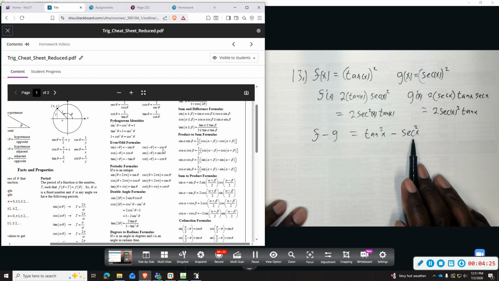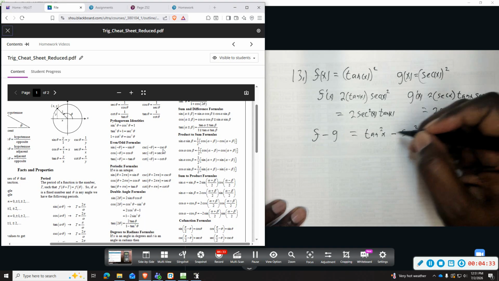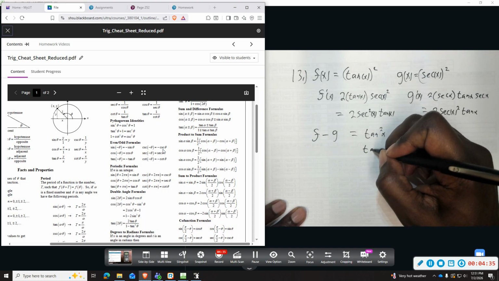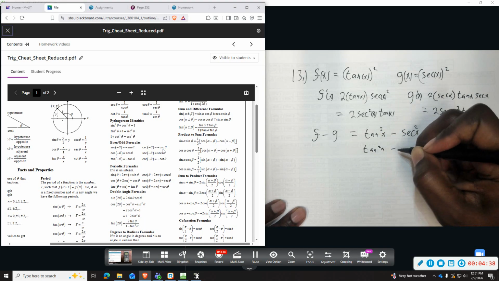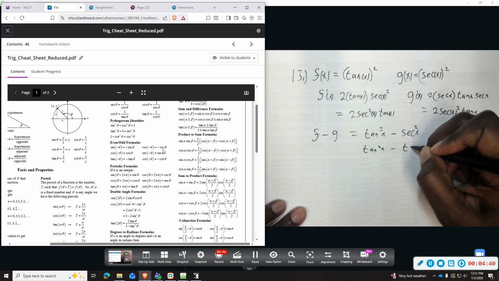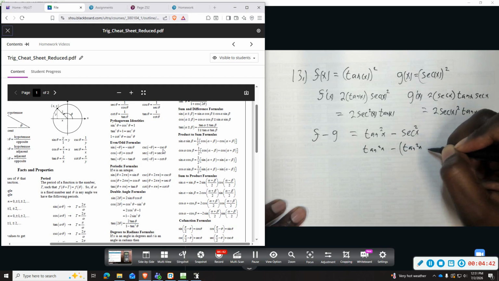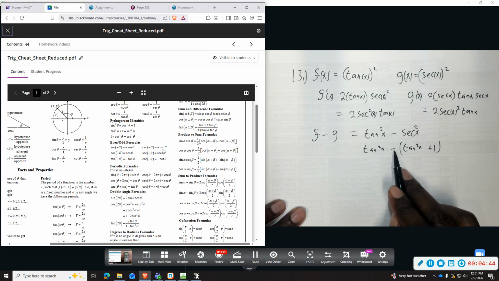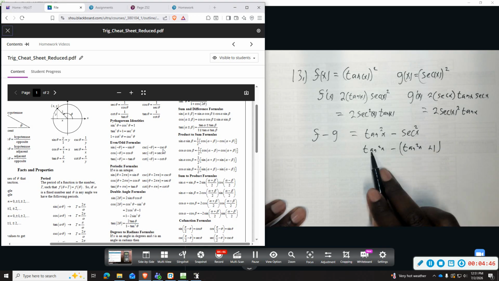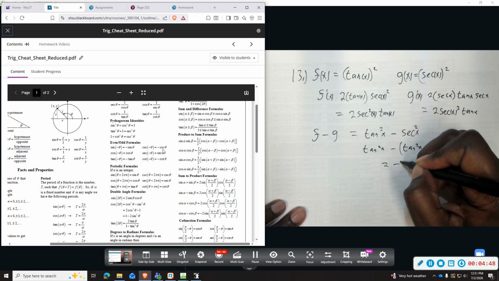They're both the same. Secant squared is going to be tan squared plus 1. So let's just say tan squared minus, replace secant squared, distribute the negative, the tangent will cancel out and leave us with a -1.